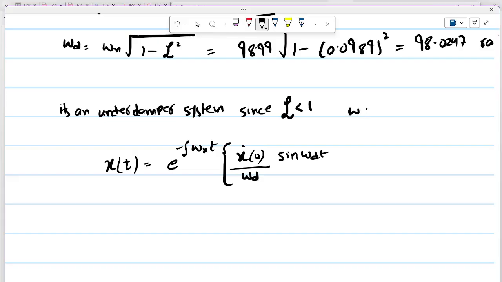We know omega d is equal to square root of 1 minus zeta squared, whole, into omega n.